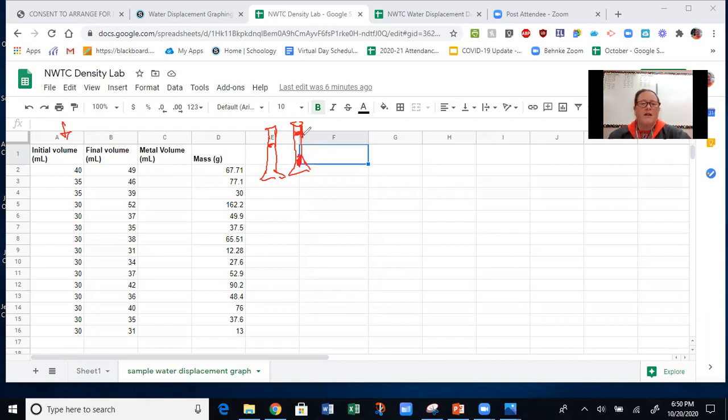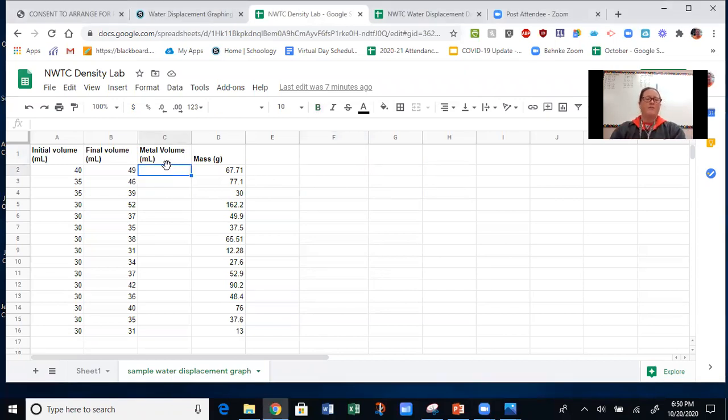The volume of the objects is going to be equivalent to that difference. So what we want to do here is write down what the volume of the metal is. And it's very easy to calculate a difference. You could do it by inspection, but we're going to do it a different way, using equations in a spreadsheet.